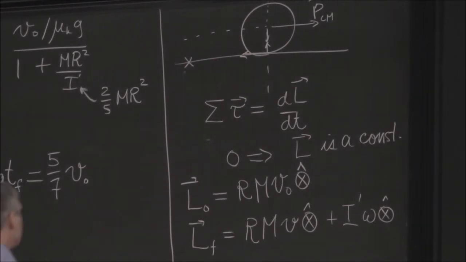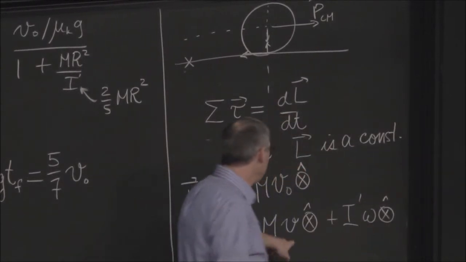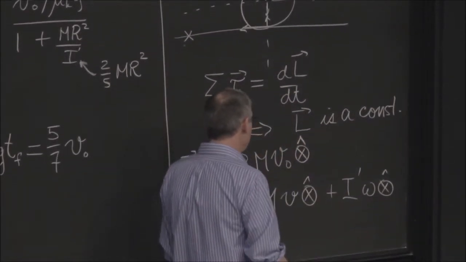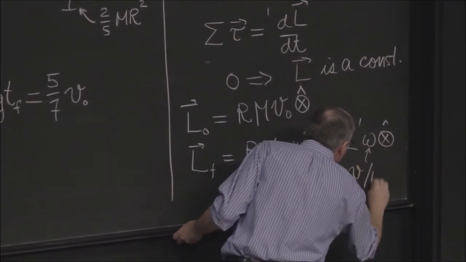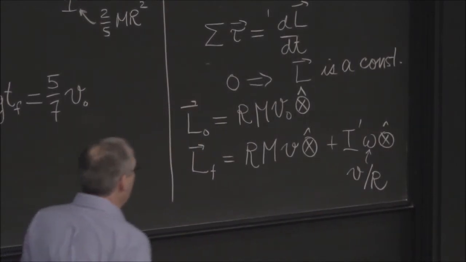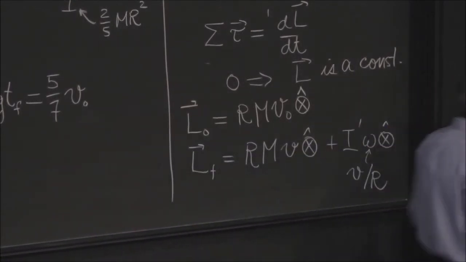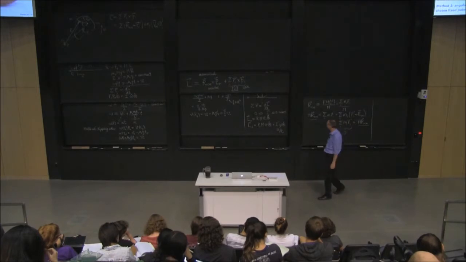Okay? When it rolls without slipping, there's a relationship that we already discussed between omega and v, namely that omega is v over the radius. And so, having just perfectly run out of board, well, maybe I'll cheat and use a little bit over here.